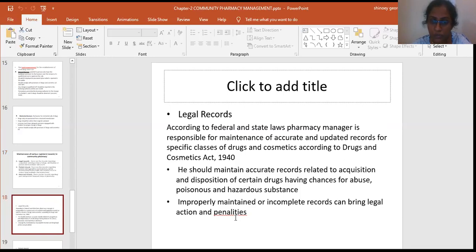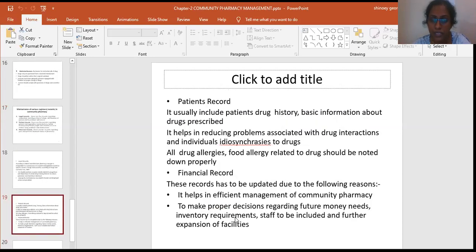Legal records: all the drugs have to be maintained according to federal and state laws, as well as based on the Drugs and Cosmetics Act. Proper records have to be maintained regarding acquisition and disposition of drugs of abuse, poisonous and hazardous substances. If it is not properly maintained, penalties have to be paid. Patient records regarding the patients who are coming to the community pharmacy, their allergies or idiosyncrasies and all, food related allergies, all the details have to be mentioned.